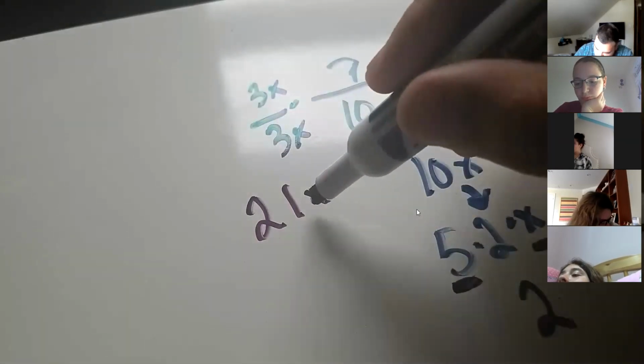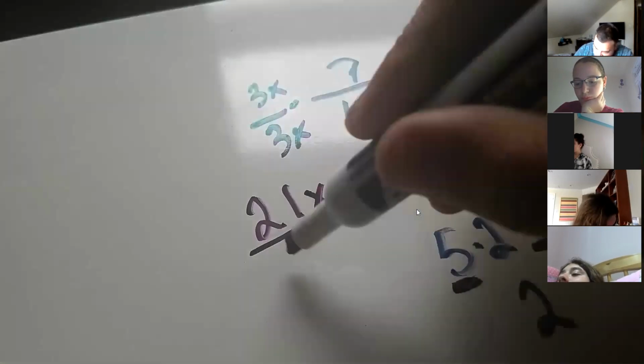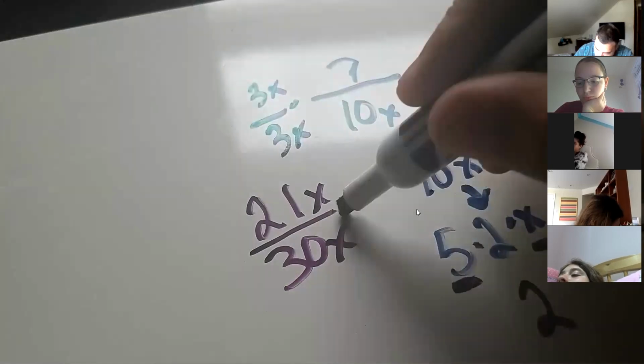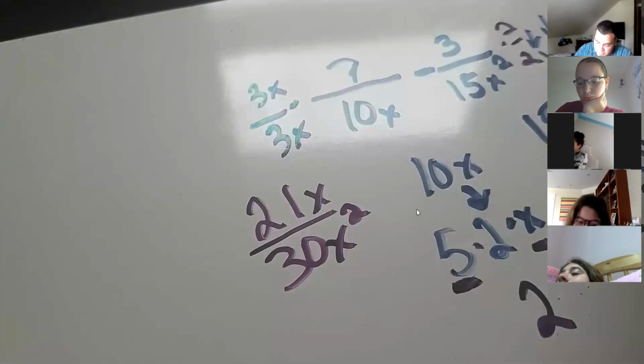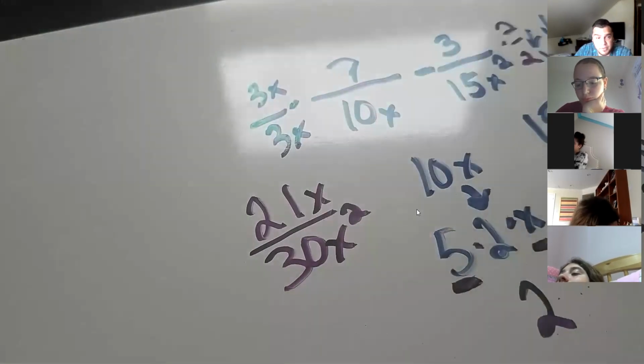Good. Almost there, though. 21x over 3 times 10 is just 30. X times x, x squared. Okay? I'm just making sure. So 21x over 30x squared is your left side.